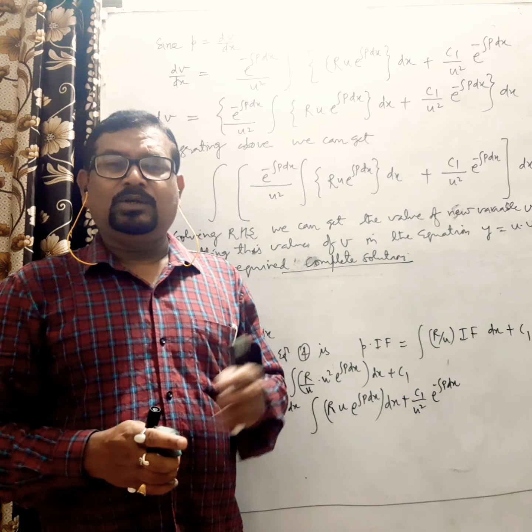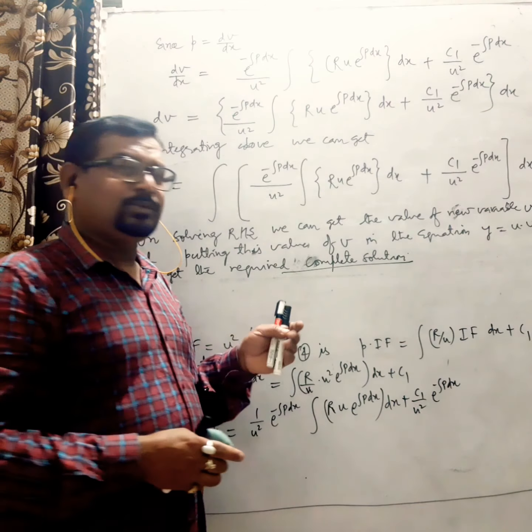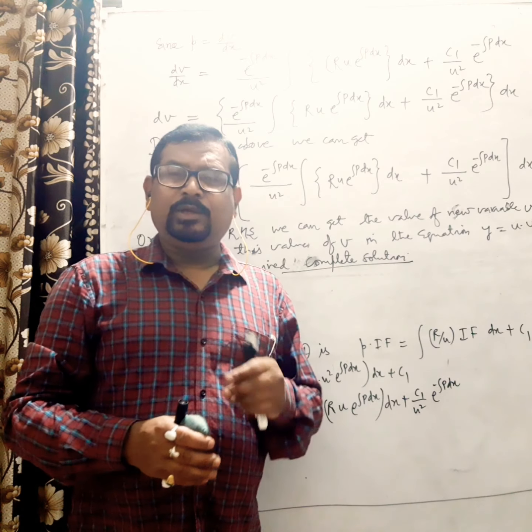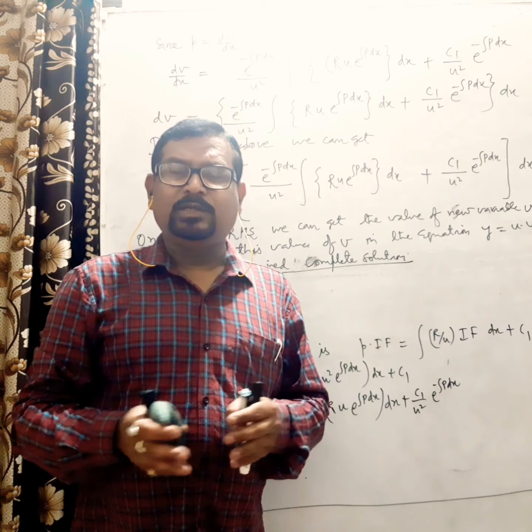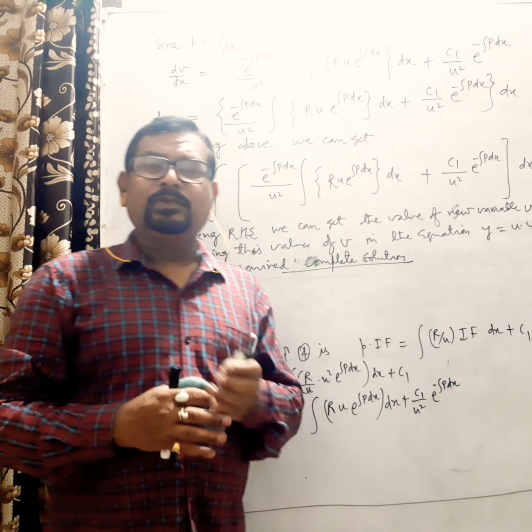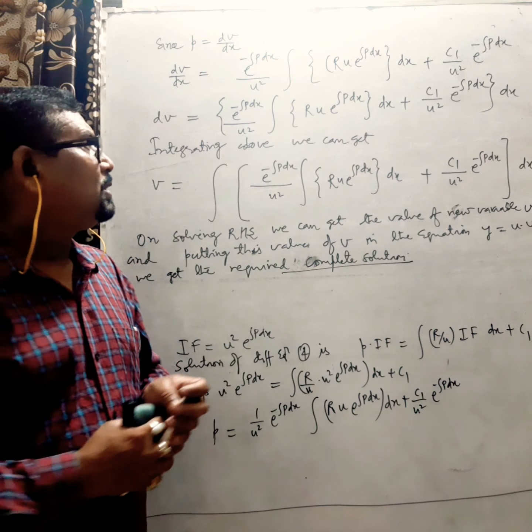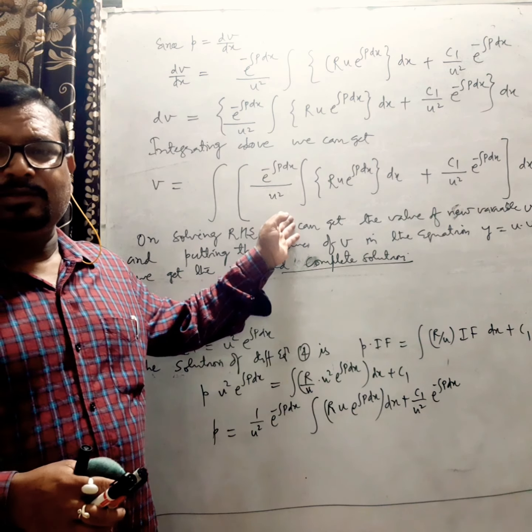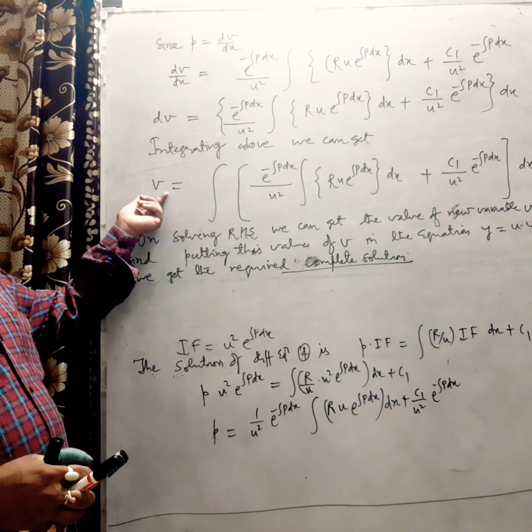And on putting these values of y in terms of u and v, from dy by dx and d2y by dx square, in the given differential equation, you get a new differential equation in terms of v and x, and then after solving it, you get the value of v.